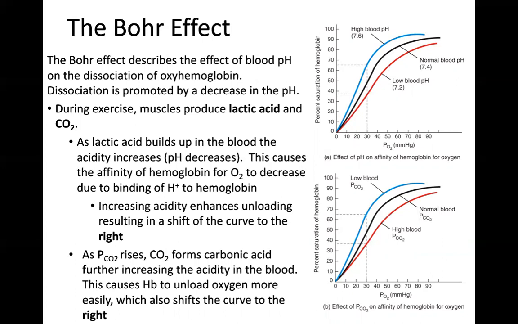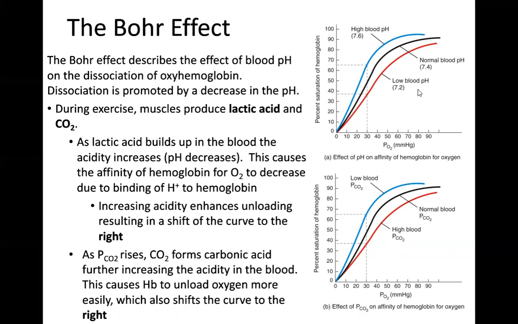Dissociation, as it states right there, is promoted by a decrease in pH, like what happens when we exercise and our body is producing lactic acid and carbon dioxide. Lactic acid is obviously going to lower your pH, because anytime you have acid, it lowers pH.